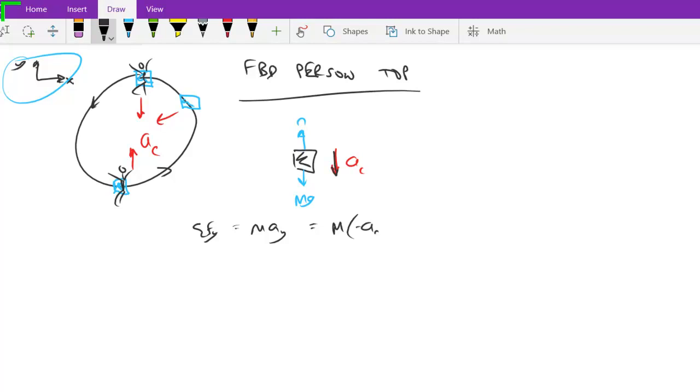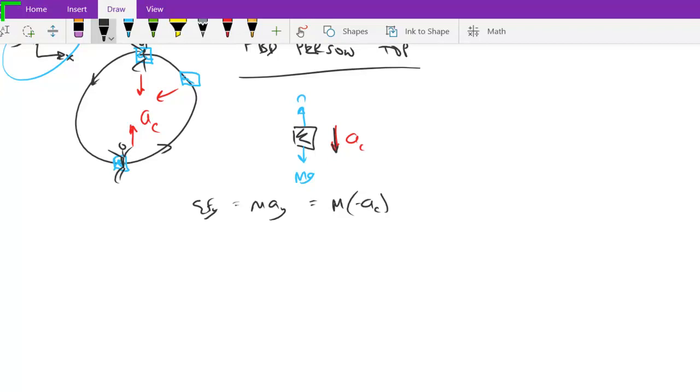So the normal force minus the weight is equal to negative m a_c, or the normal force is equal to the weight minus m a_c, which is mass times gravity minus the centripetal acceleration, just factoring out the mass.